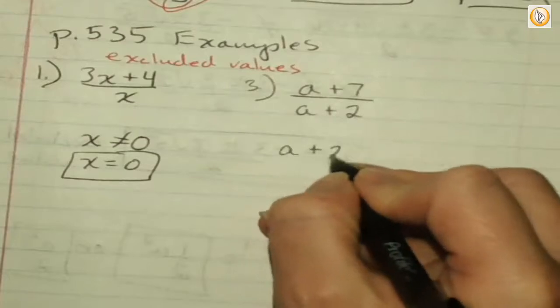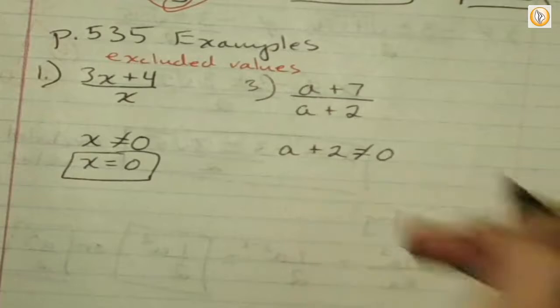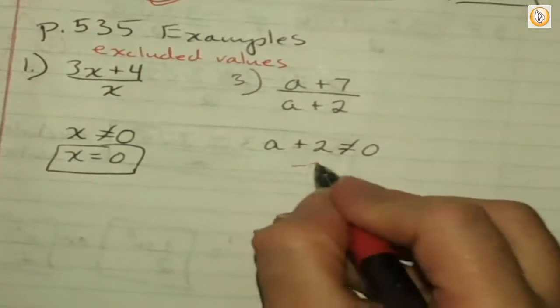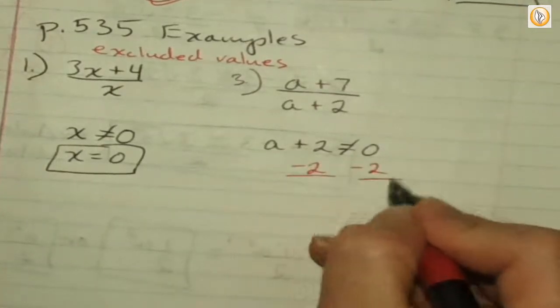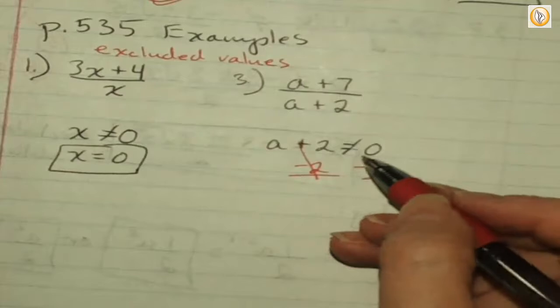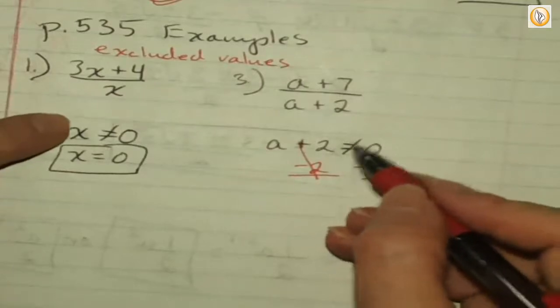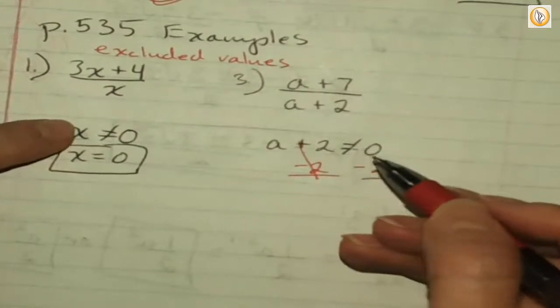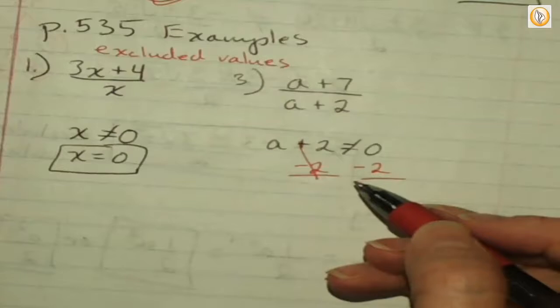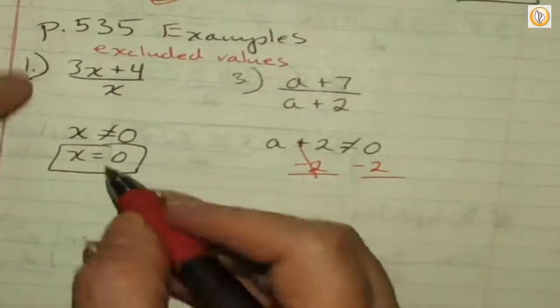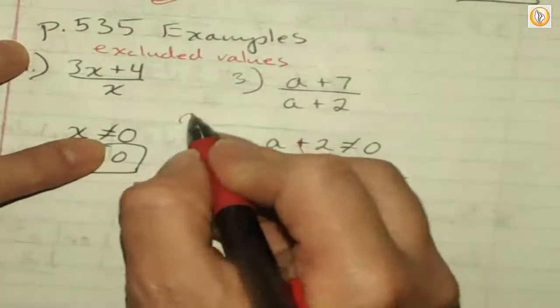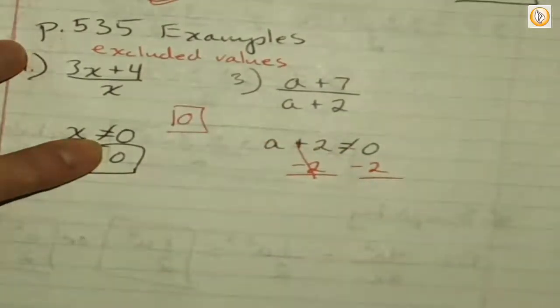Okay, so we're going to subtract 2. And I'm not concerned about whether you have this or this. You need to just understand the idea behind it and tell me what the excluded values are. If you were just on your paper write -2 and then box that in, I'm fine.